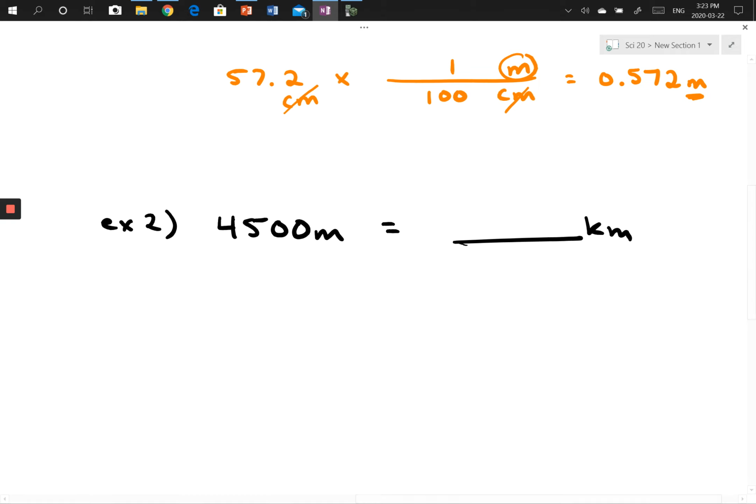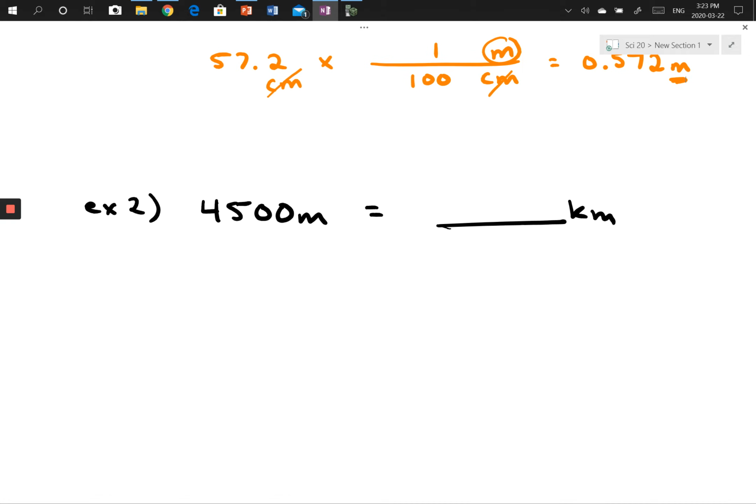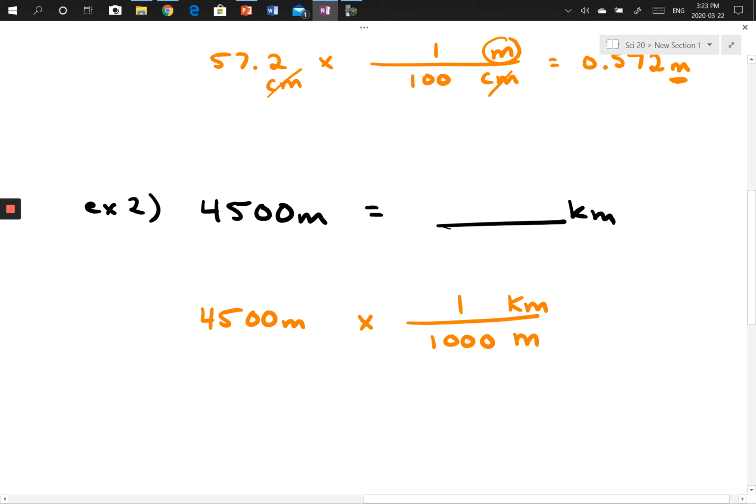How many kilometers is 4,500 meters? So in this case, I'm going to take my 4,500 meters, and the unit I want is kilometers. The unit I have is meters. The bigger unit is kilometers, so I'm going to put a 1 next to my kilometer, and I have to remember what's equivalent to 1 kilometer in meters, and that is 1,000.